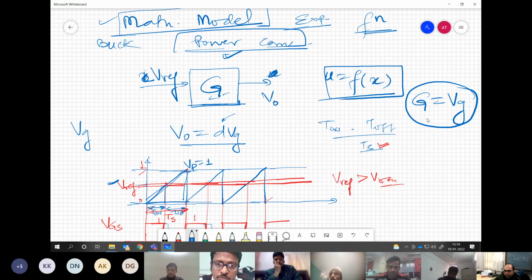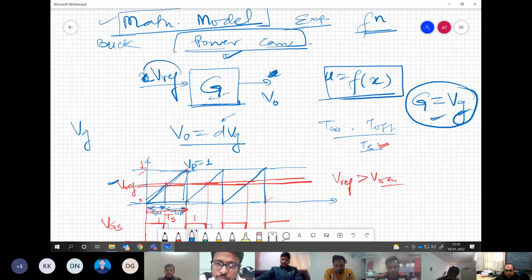This value may change according to what topology and configuration you have, but more or less it is related to the DC bus voltage, which is constant, or the input voltage we give for the DC-DC converter. And the reference voltage is changed in a manner that it controls the output voltage. You understand my point?